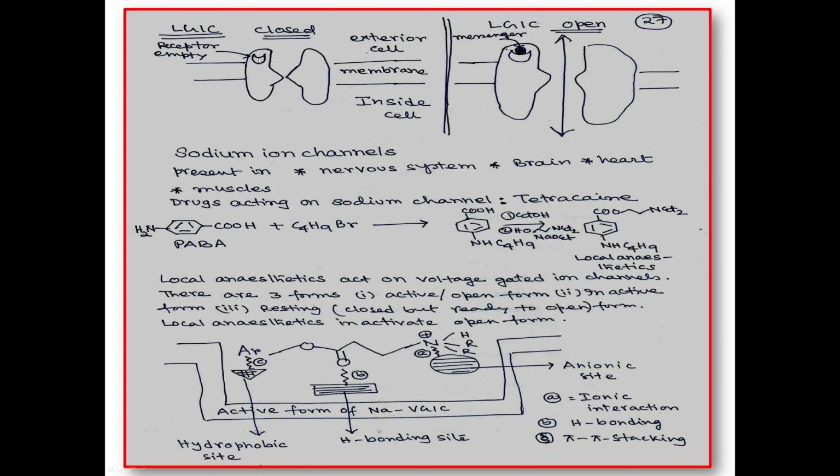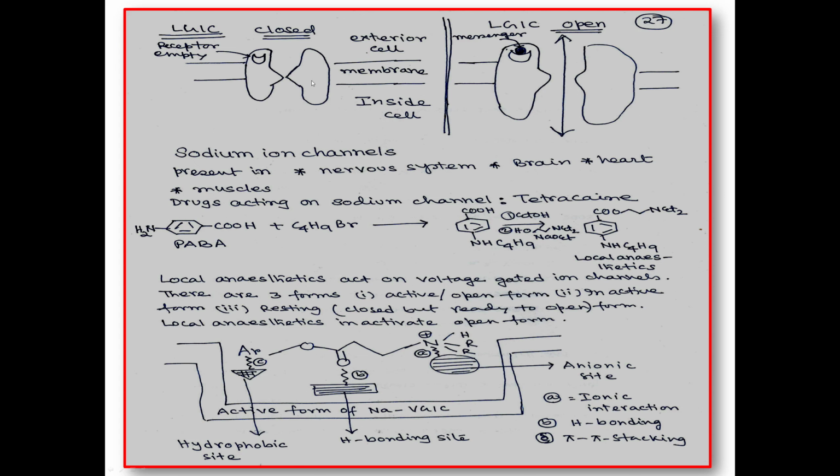When the ligand comes, and the ligand is nothing but the neurotransmitter in most cases, the neurotransmitter sends the biological response, and as a result the gate opens. So this is the pictorial representation of how the ligand gated ion channel opens and closes.